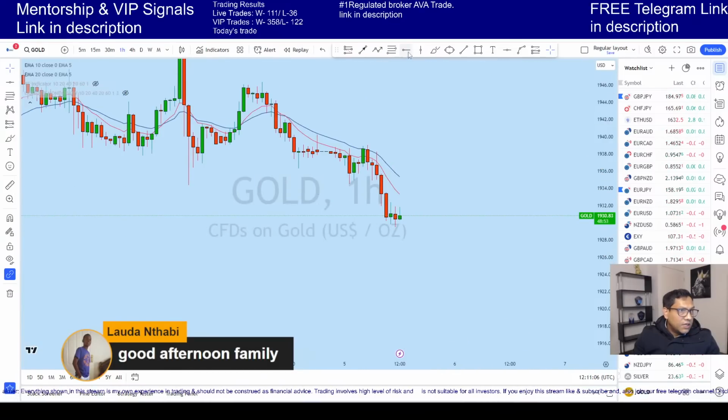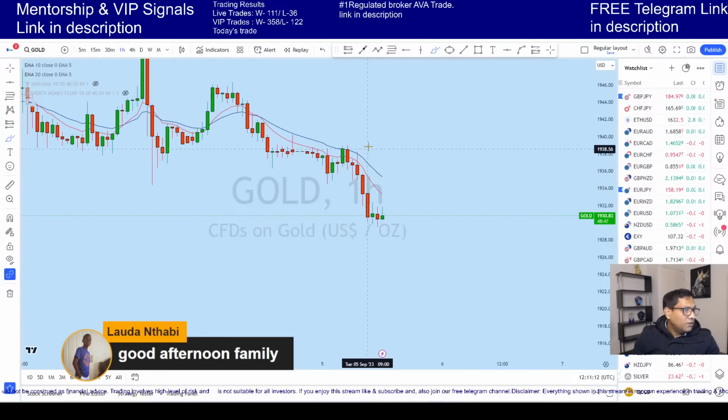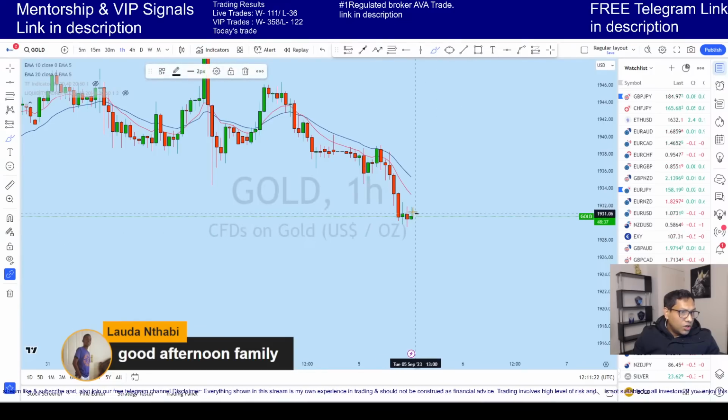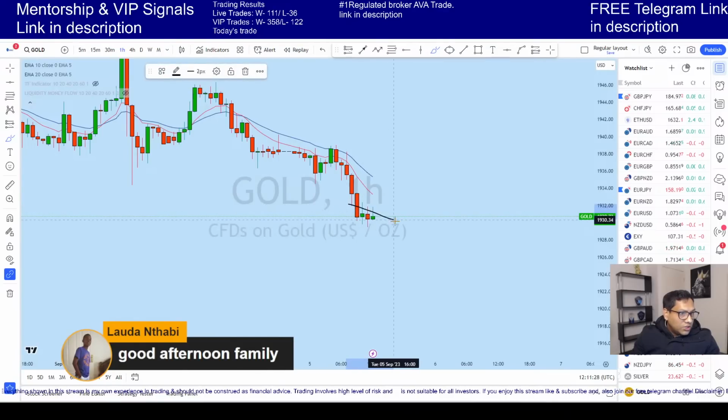You can see that with this strong liquidity grab, it created this long bearish candle. This 1 hour candle is a significant bearish candle, and from that zone it created this strong impulse. Here, this is the 1 hour chart. The price is in a downward channel, and in this channel, what I think is that gold might break.